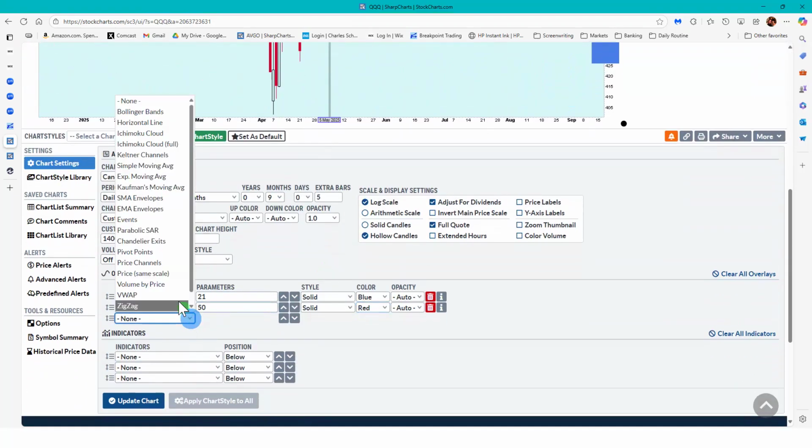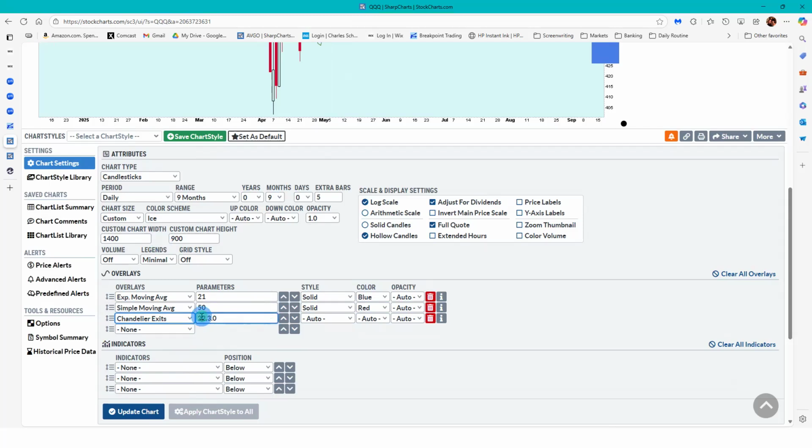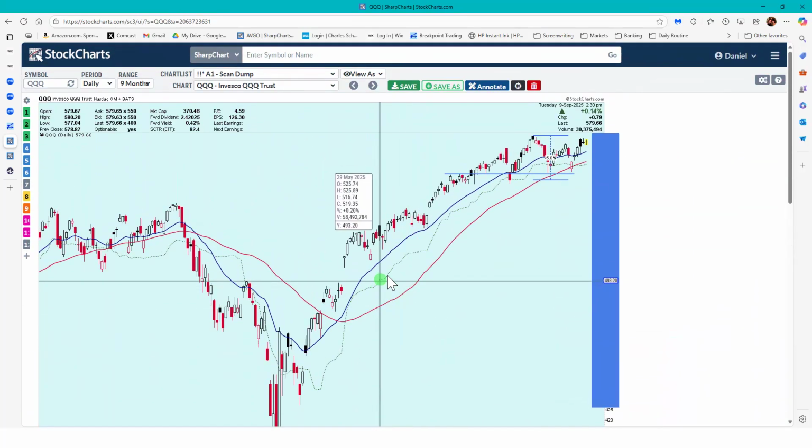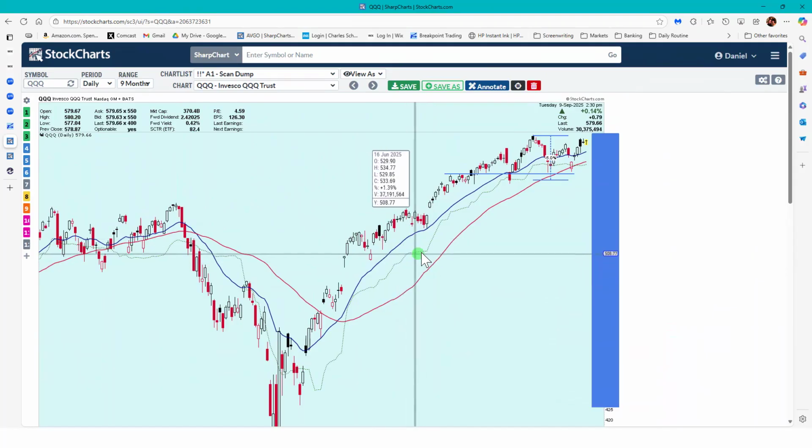we can use the chandelier exits. And I covered these in a previous Technical Tuesday as well. So you can go back and check those out. I like to make this a dashed thin line, green one. I talked about how these are calculated, but you can see that this kind of is in between the 21 and the 50.